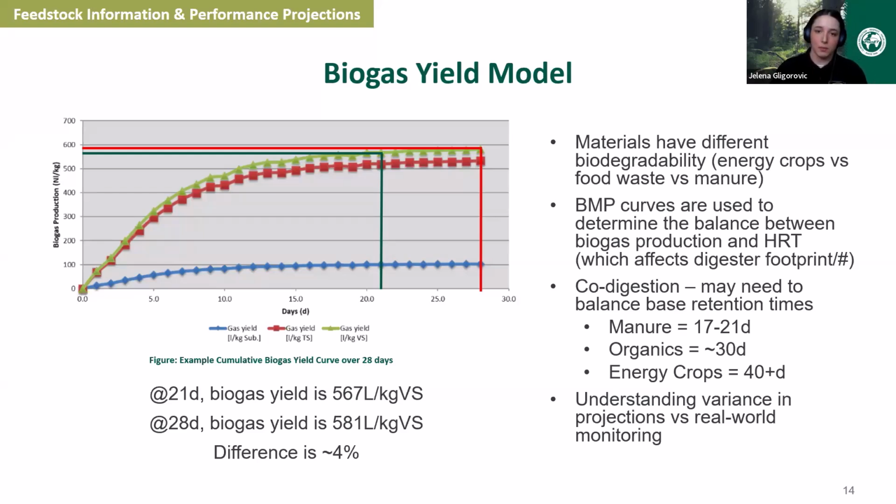So I touched on it before, but materials have different levels of biodegradability, and they also have different biomethane potentials, or BMPs. And these curves are used to give an indication as to how much biogas a certain substrate can give you when you put it into the digester.